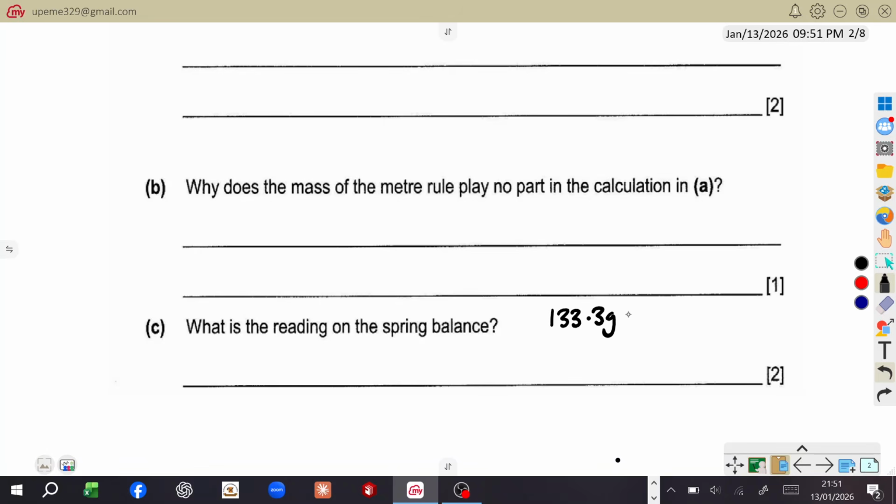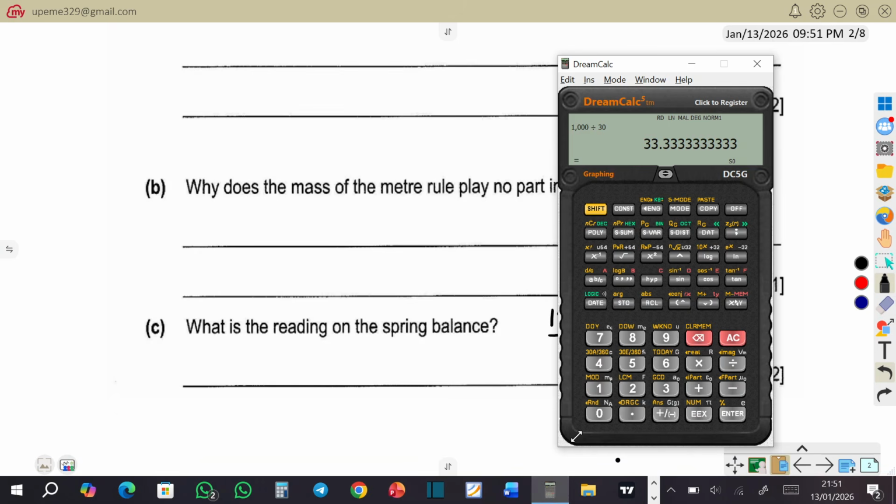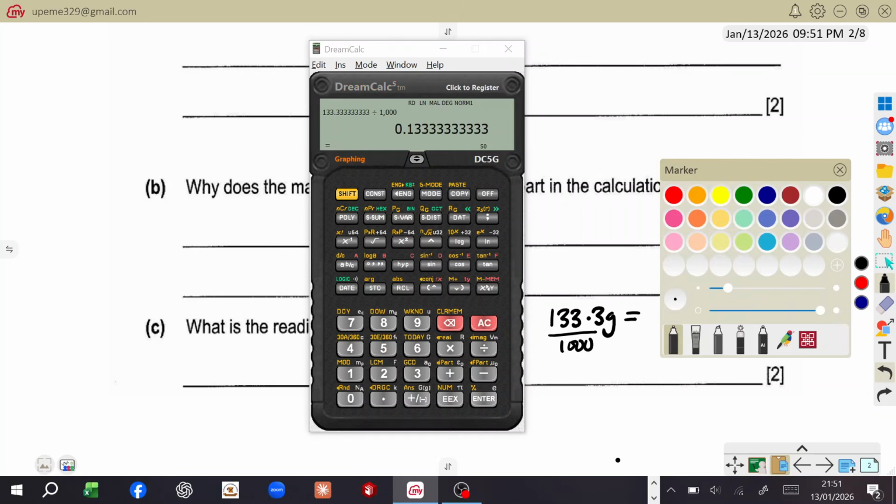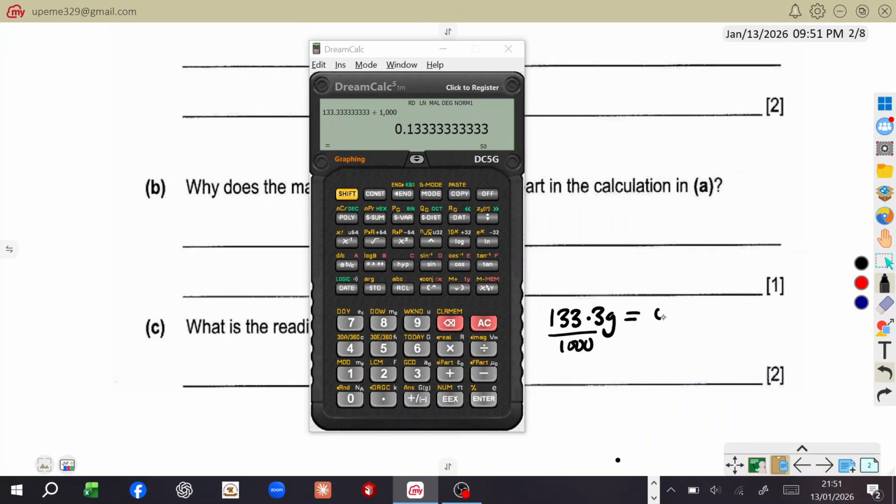Now change it to kg by dividing by 1000, so that we get 0.13. So this is in kg.